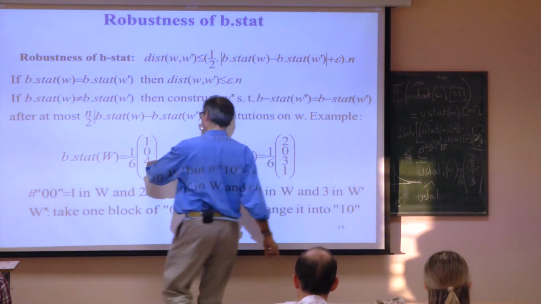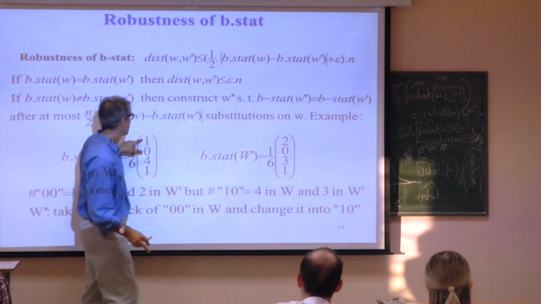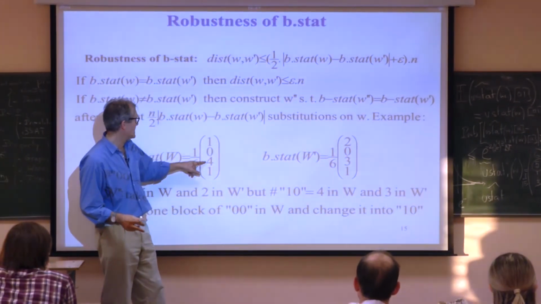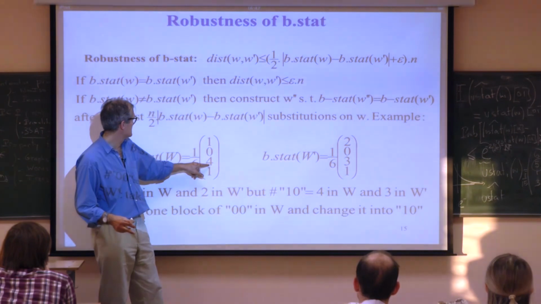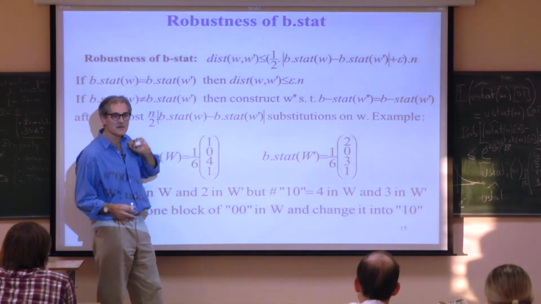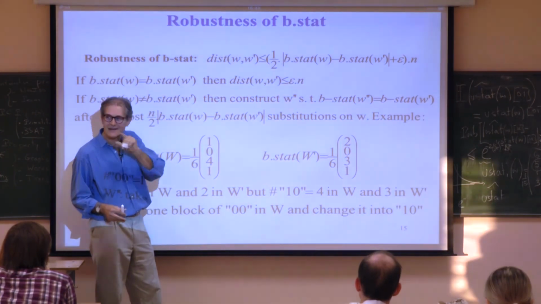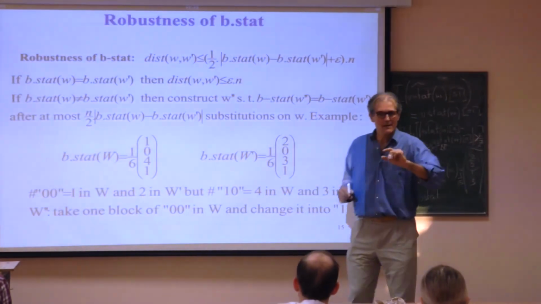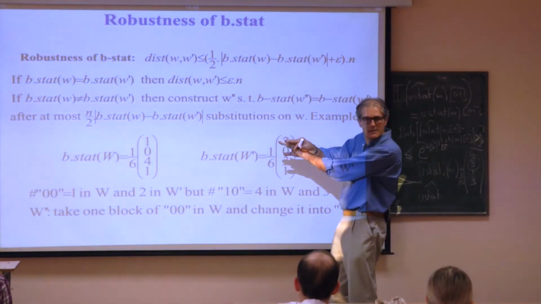Here I have a 4 and a 3, and here I have a 1 and a 2. So obviously what I'm going to do is take one block which is a 1, 0, and transform it into a 0, 0. So I'm going to edit the corresponding block and equilibrate.